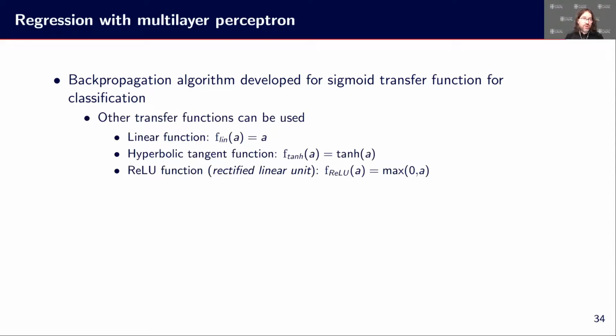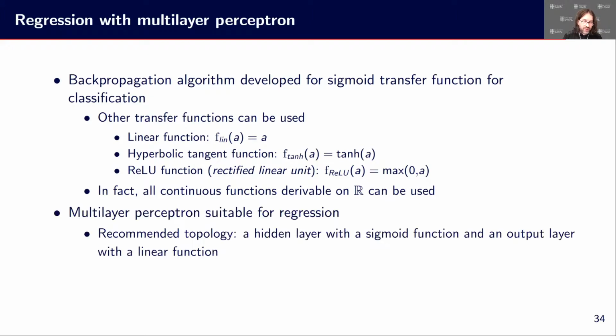We have linear functions, hyperbolic tangent functions, ReLU functions. These are all different transfer functions that can be used in our network. In fact, all continuous functions that are differentiable in R can be used. And even ReLU is not differentiable in R, but there is some trick you can do that makes it usable directly for training our models.